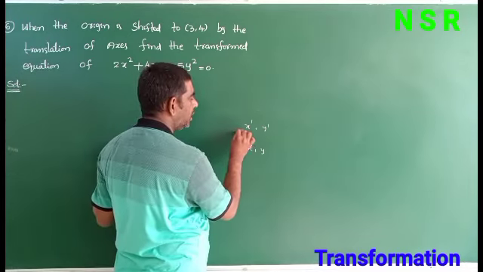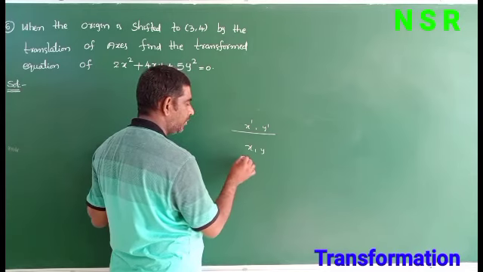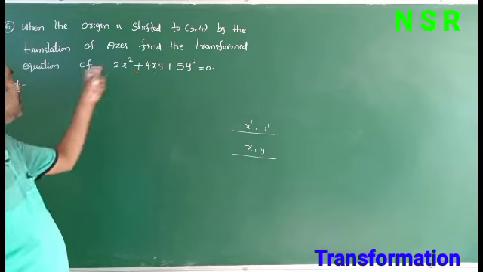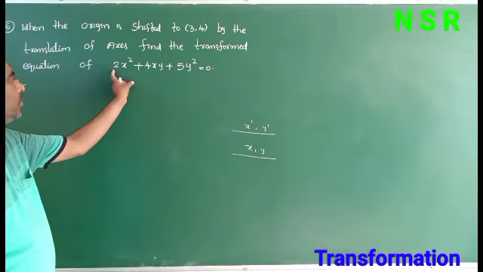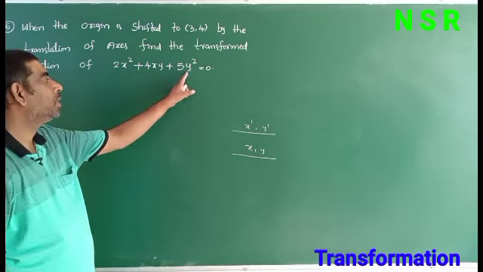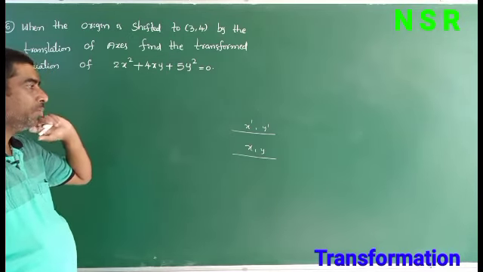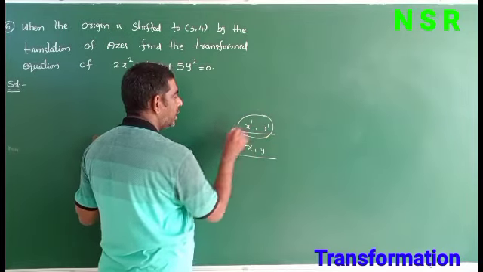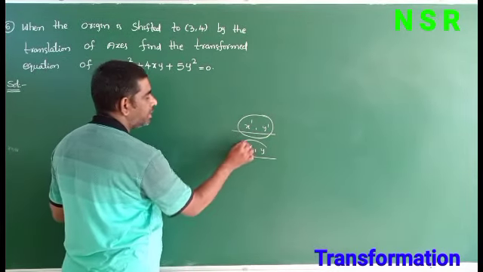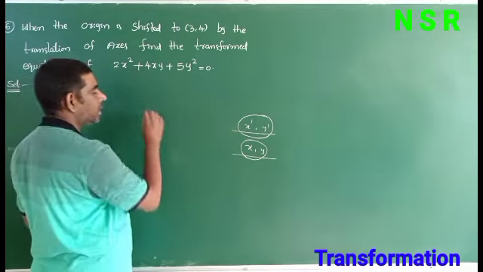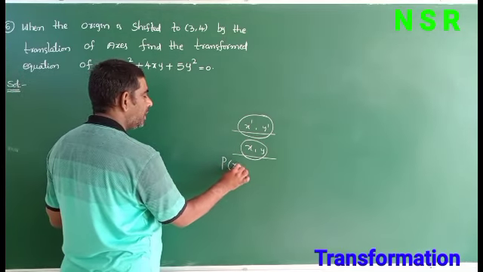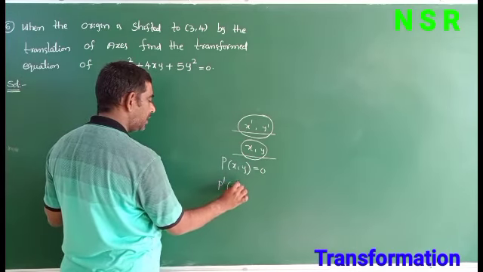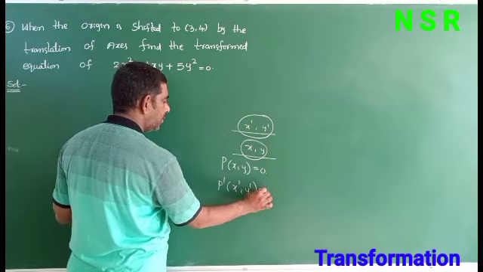The transformed equation is in terms of x dash, y dash, and the original equation in terms of x, y. Finding the transformed equation of 2x square plus 4xy plus 5y square equal to 0 means the given equation is P(x, y) equal to 0, and we have to find the P dash (x dash, y dash) equal to 0 equation.